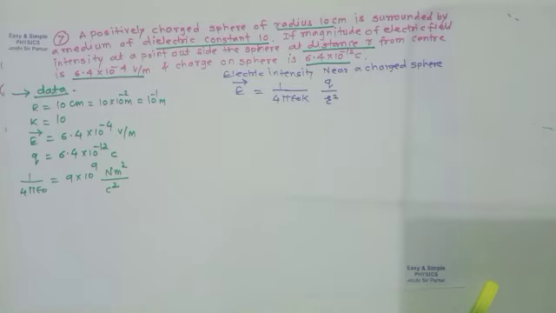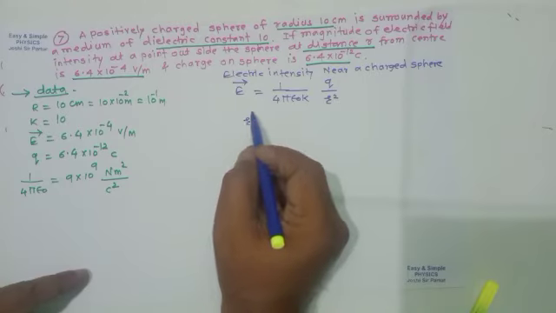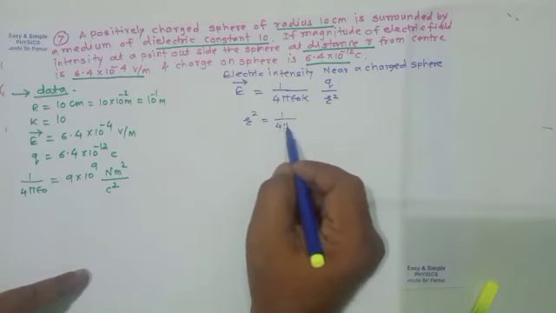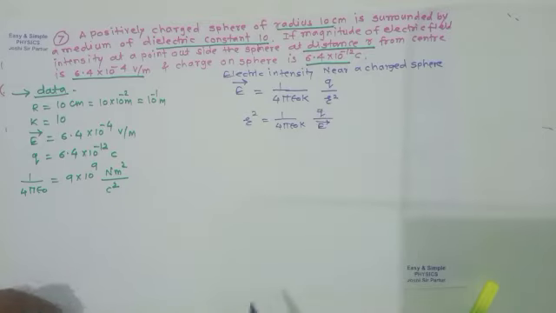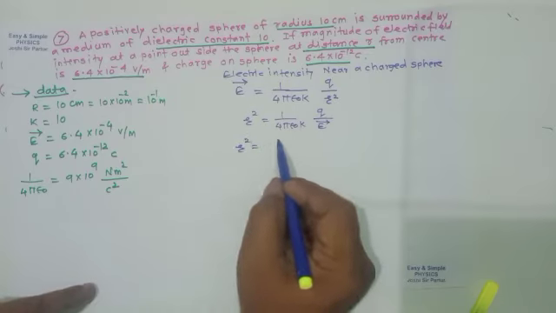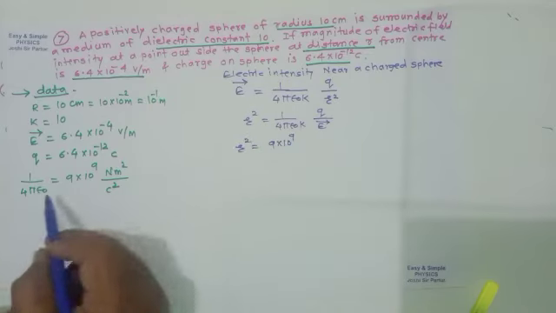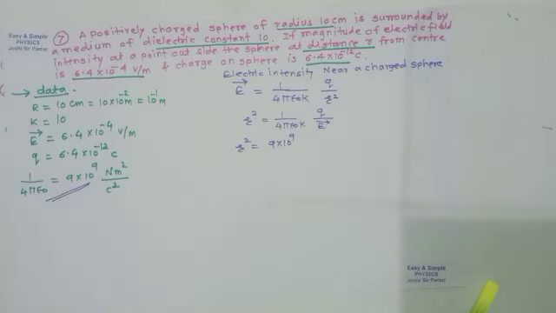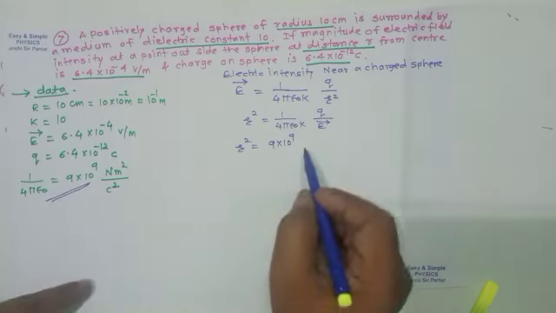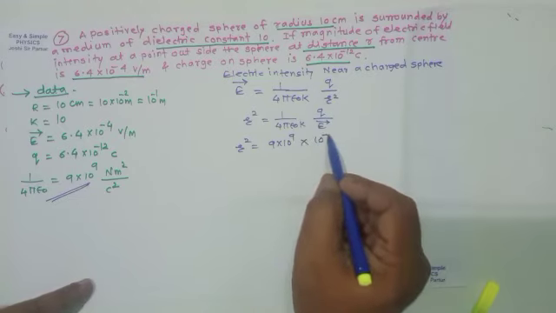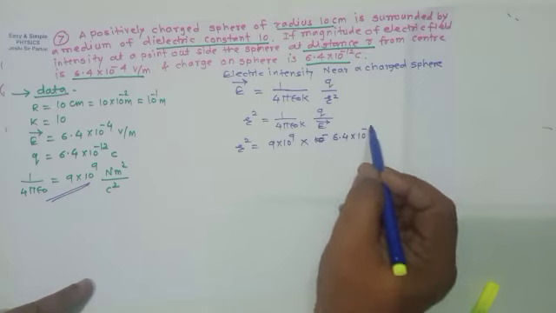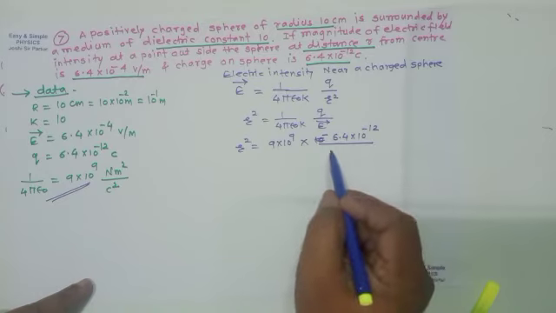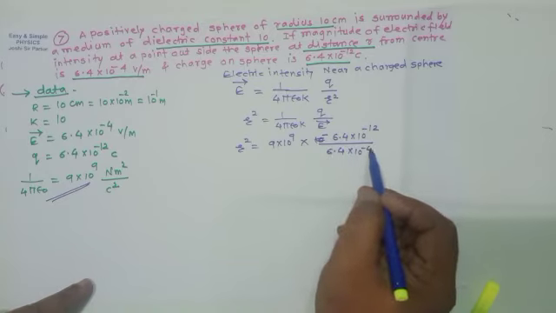So here, if we shift the value of r and the value of E, r square is equal to 1 upon 4 pi epsilon 0 K Q upon E. By substituting the values, r square is equal to 9 into 10 raised to 9, because the value of 1 upon 4 pi epsilon 0 is given, multiplied by K, which is 10, multiplied by 6.4 into 10 raised to minus 12 divided by 6.4 into 10 raised to minus 4.